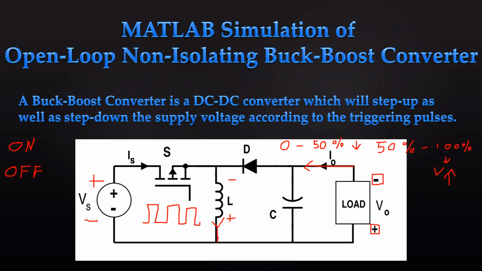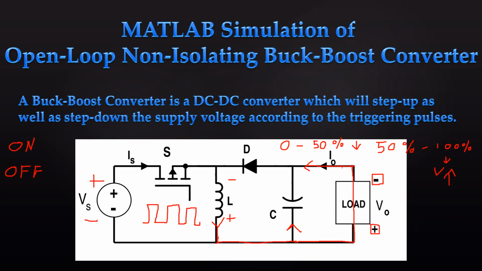It will come to this junction. It can't go to the left hand side towards the battery source as the MOSFET switch is open circuited. So all the current will go towards the load side. Some charging current will go from this, some microamperes, and the rest of the current will go through the load.